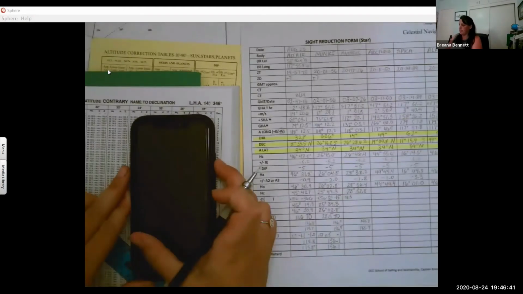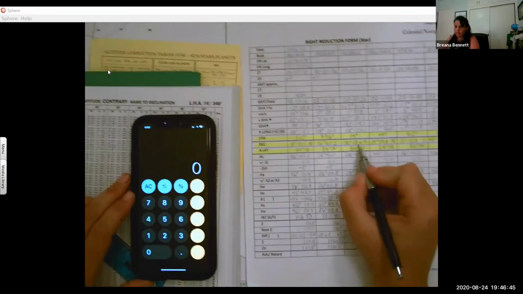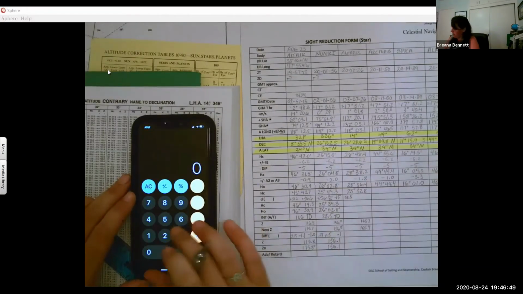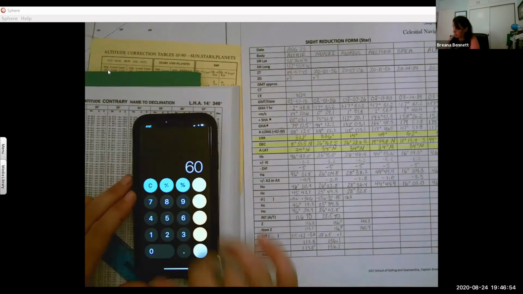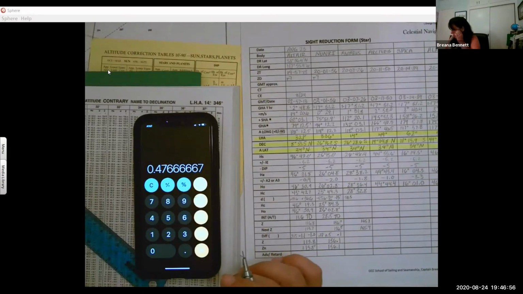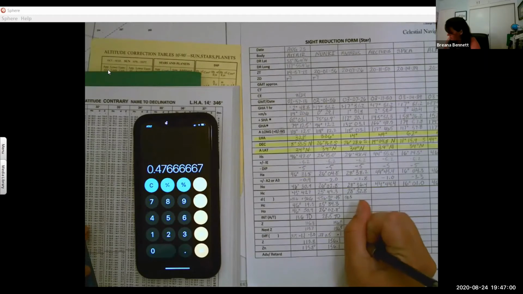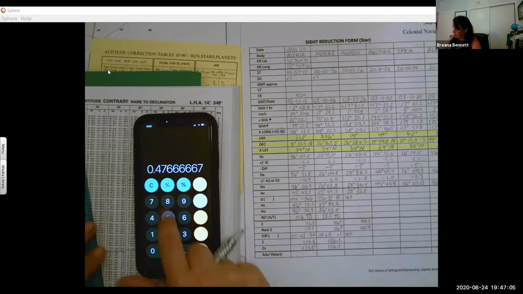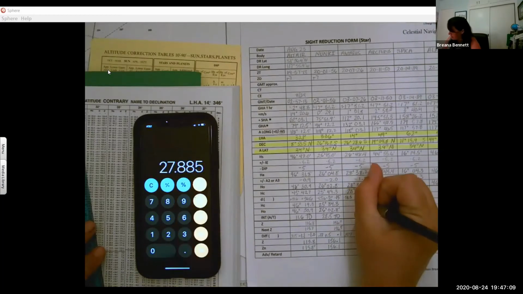Okay, back to the calculator. Our remainder here is 28.6, almost half. 28.6 60ths gives us 0.477. I'm going to write that down here, 0.477 multiplied by our 58.5 gives us a minus 27.9.